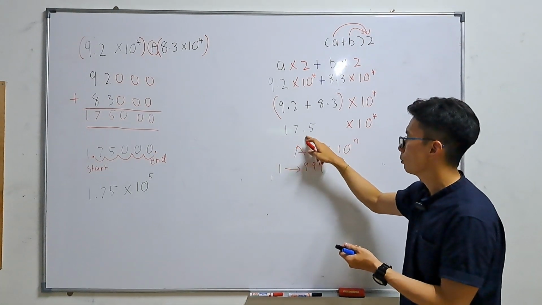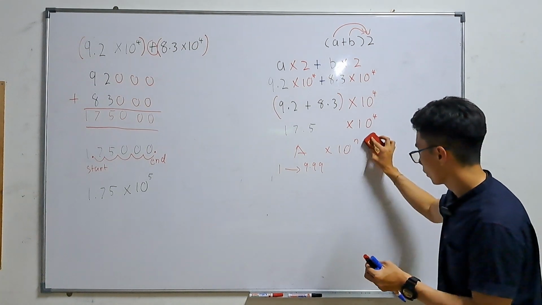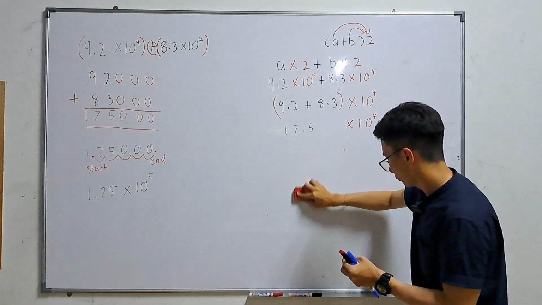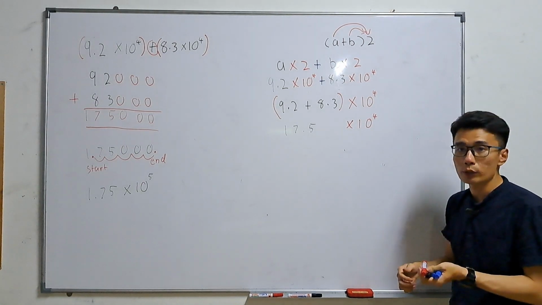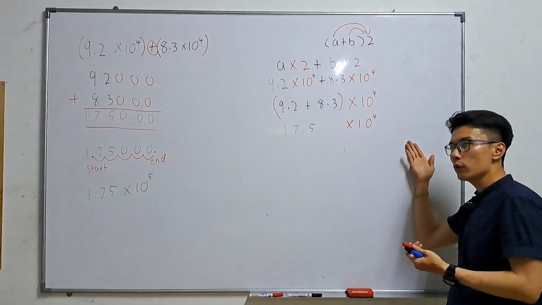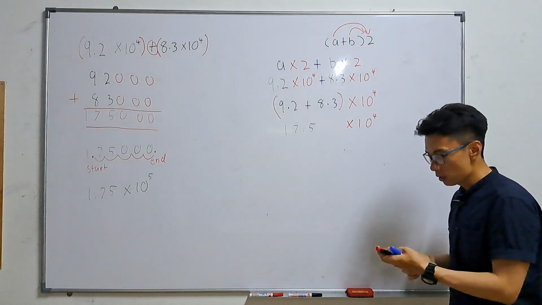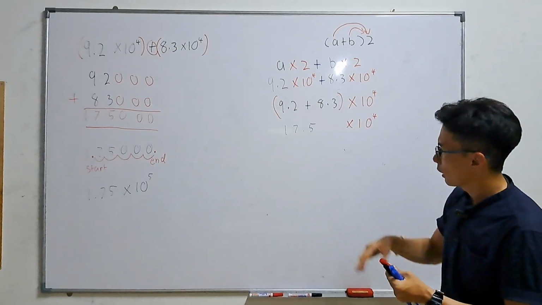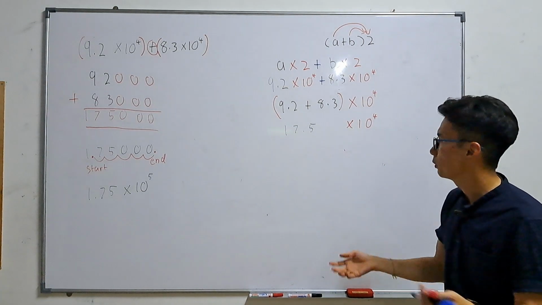But since this is 17.5, it's bigger than this, so this is not a standard form. So after that, I would want to change this to a standard form. You can do the basic way, expand this out and then convert it back to a standard form. However, there is another shortcut to solve this. I will explain that in another video.